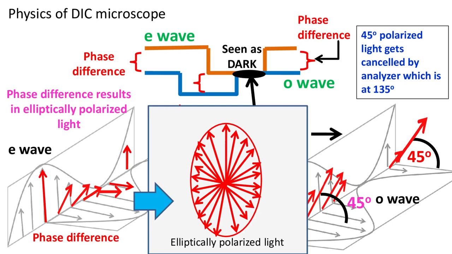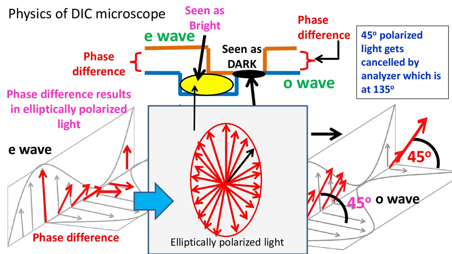And the elliptically polarized light can easily pass the analyzer as there are many electric field vectors. Only the one with 45-degree angle will be completely blocked. The rest of the electric field vectors will still pass the analyzer, and as a result, this region of the specimen is seen as bright.